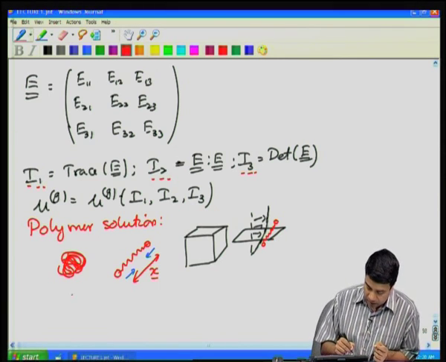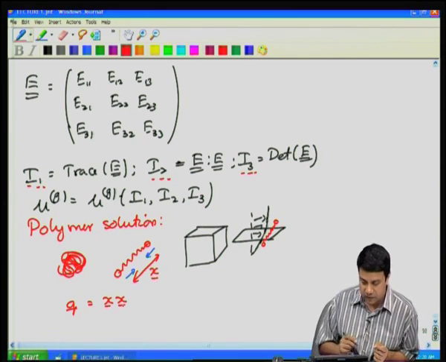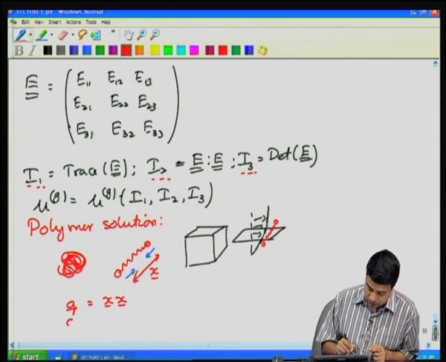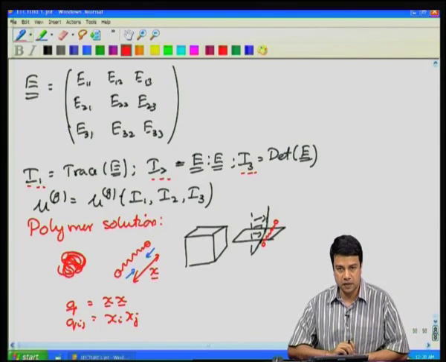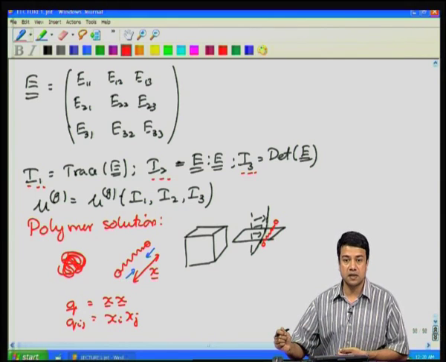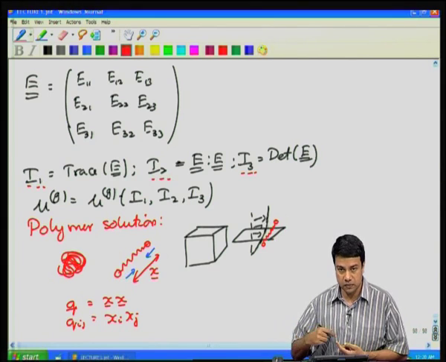I can create a q tensor which is equal to the product of x vector with itself, or q_ij is equal to x_i x_j, a second order tensor. And there will be an additional stress which is proportional to this second order tensor. In other words, if the polymer stretches, x_i and x_j are greater. Therefore, there is a greater force that is exerted through the surface.